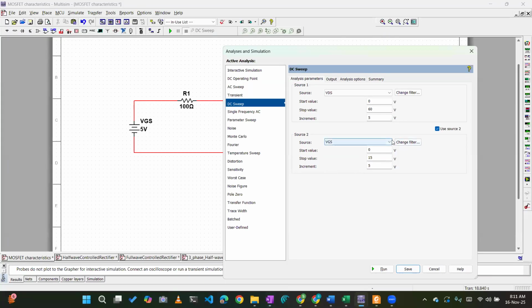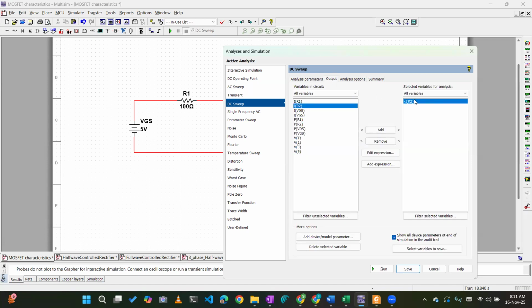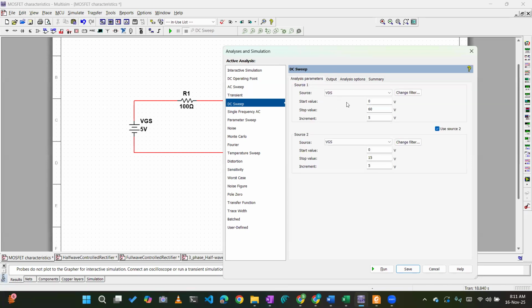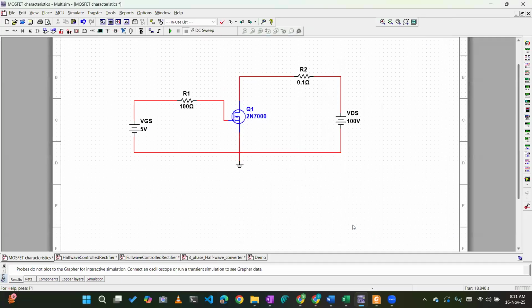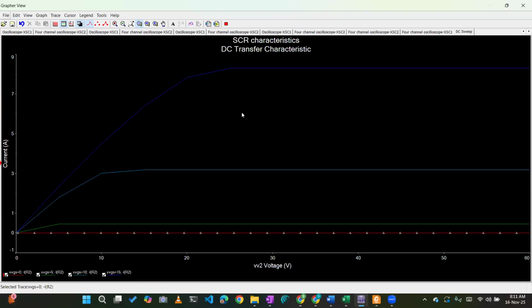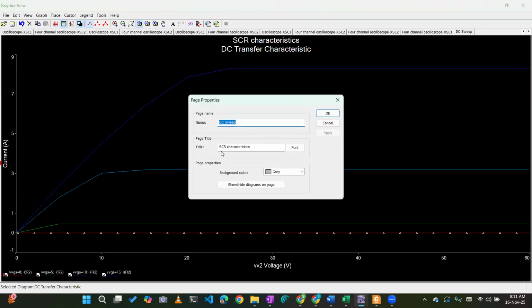So the sentence will be like this: we want to plot the output current with respect to the x-axis voltage at different VGS voltages. You'll save it now. Now if you run it, you'll get the MOSFET characteristic. The name can be changed later.